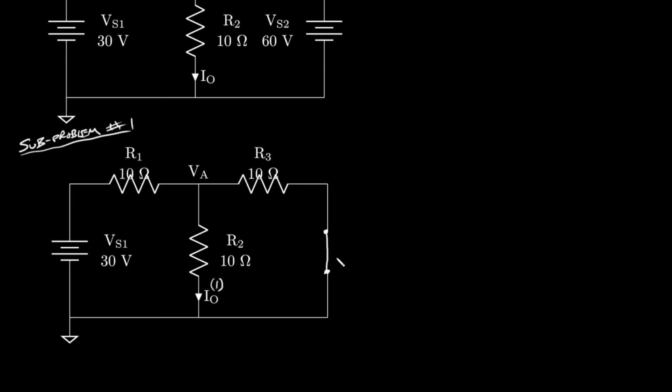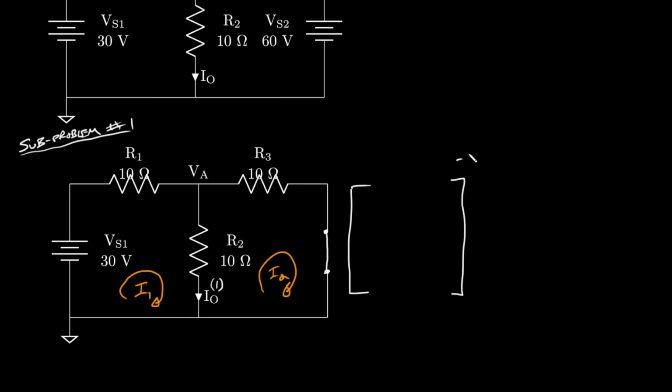All right, and this is where being able to do the shortcut comes in really stinking handy, right? Because if I say this is I1 and this is I2, I can come over here and I can say, hey, this is a 2x2. All right, so let's see.